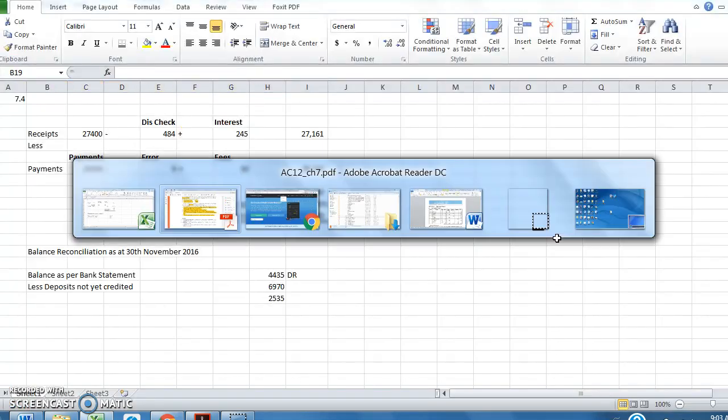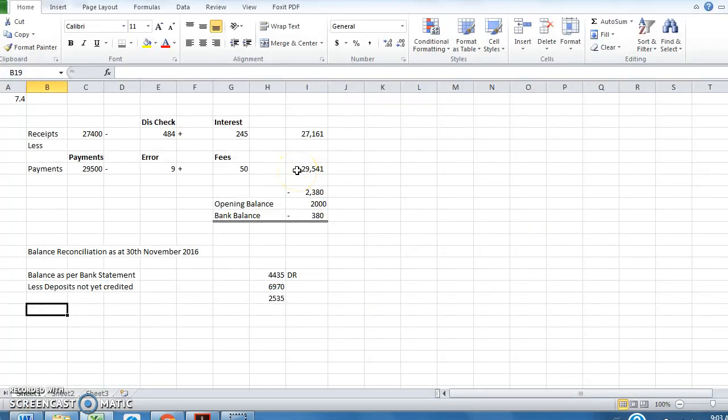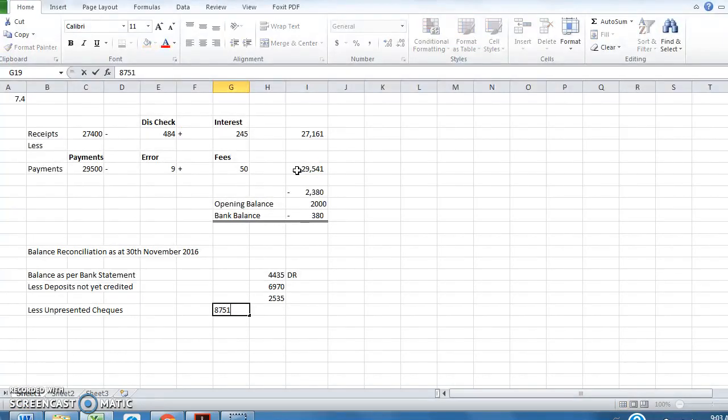However, we need to add another step to this. So we need to take out our unpresented checks. So we have two unpresented checks here. Our first check is 8751, and that is for 2,300.